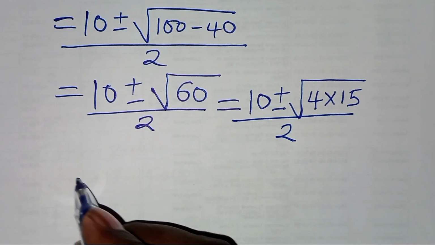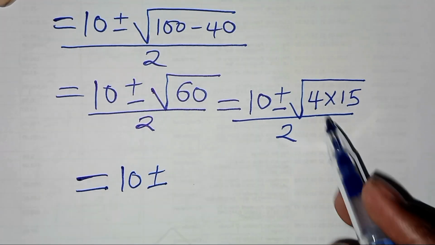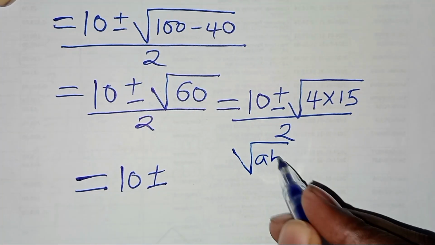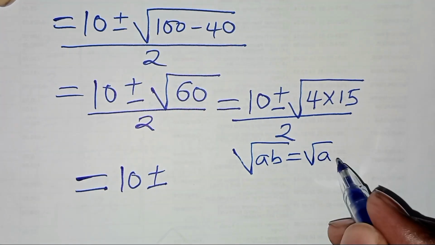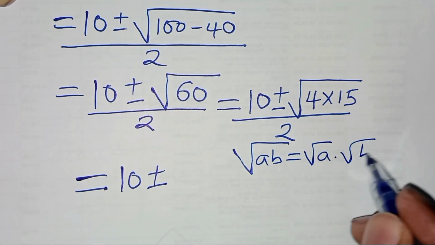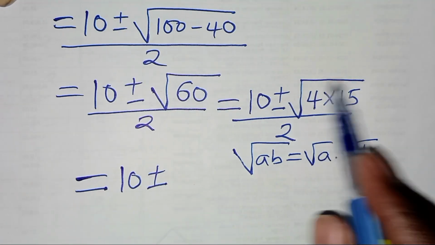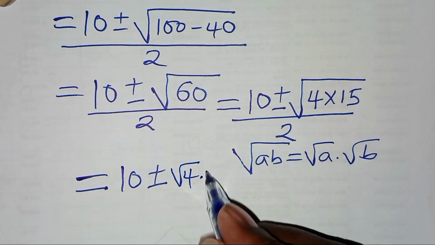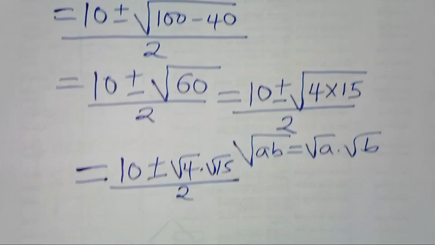Remember, if you have the square root of ab, this can be expressed as the square root of a multiplied by the square root of b. Applying this property, the square root of 4 times 15 can be expressed as the square root of 4 multiplied by the square root of 15, all divided by 2.